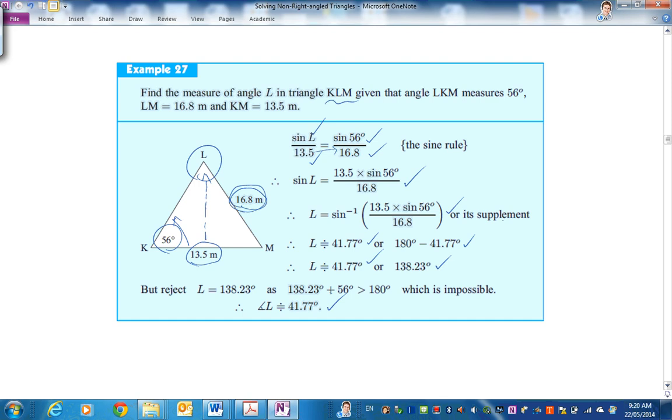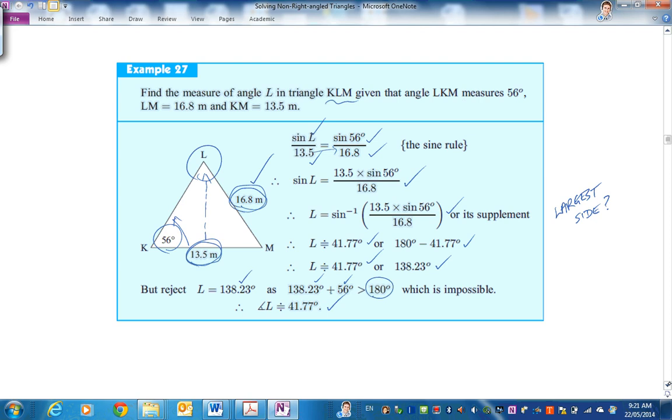Or you could reject this because 138 plus 56 is greater than 180, which is impossible. But it really comes back to: is it opposite the largest side? And this time L was not. There's the largest side. L is opposite this one, and so it's not going to be bigger than 180.